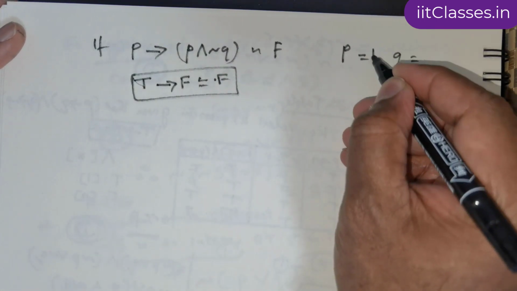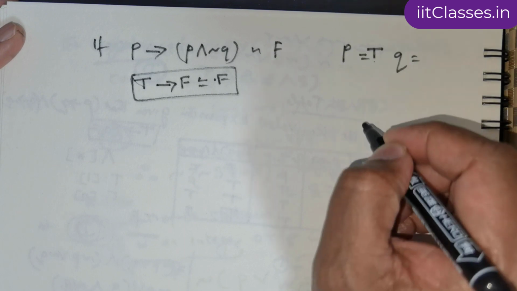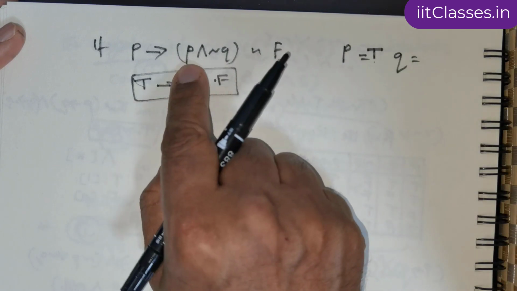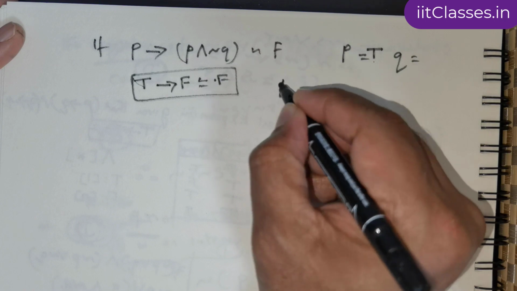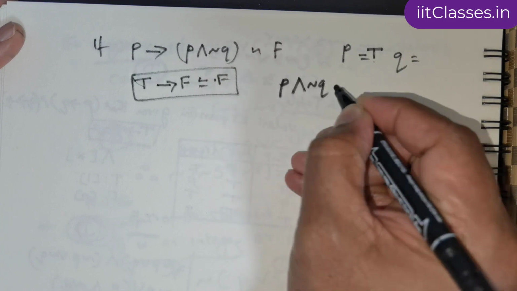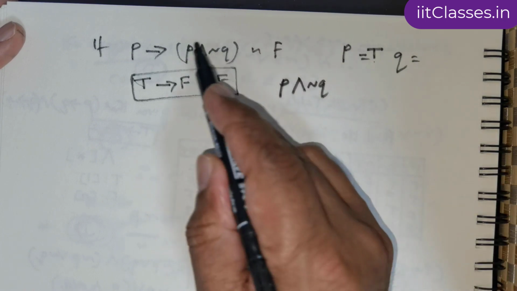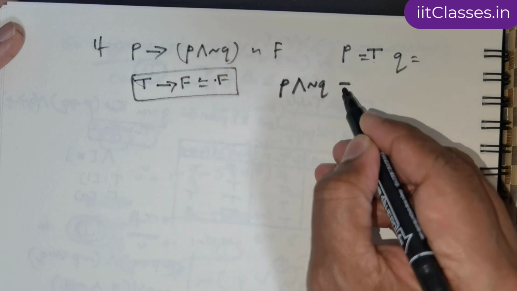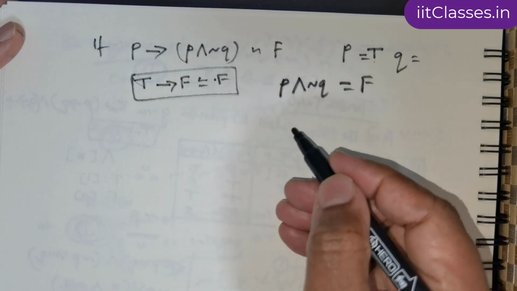So P is T, but what should the value of P conjunction negation of Q be? Clearly this should give us F. When would that be possible?